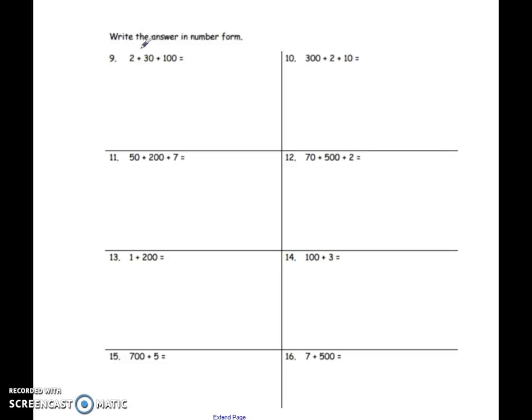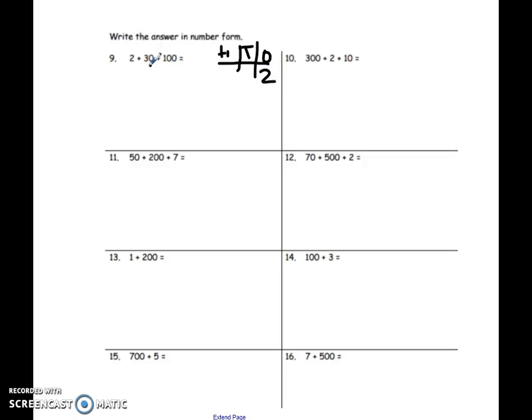So here I have 2 plus 30 plus 100. I can draw my place value chart to help me figure out the number, or I can simply add these numbers together. So first, I'm going to use my place value chart. So here I have a 2. 2 is a 1, so I'm going to place it in the ones column.